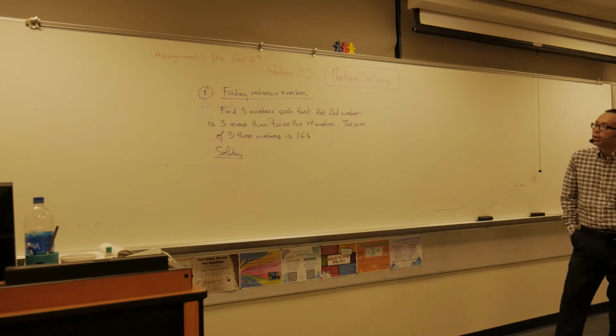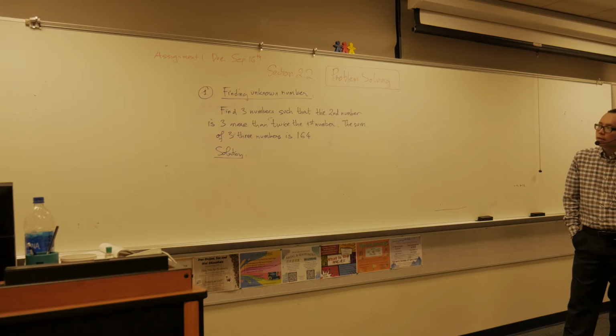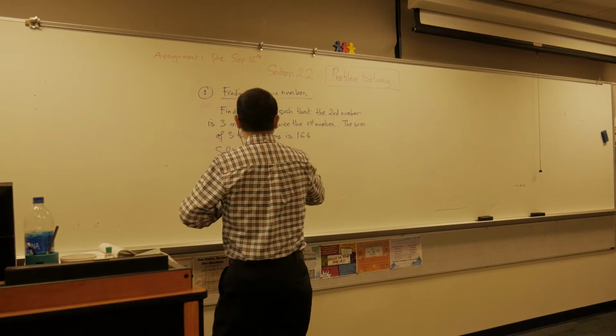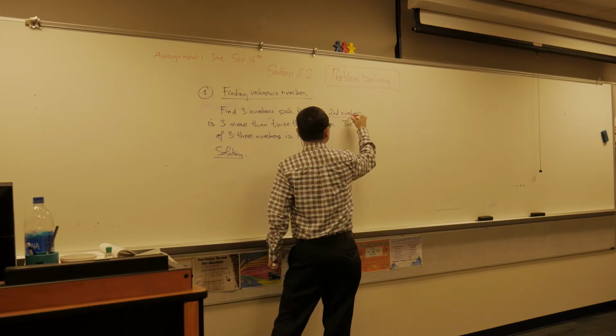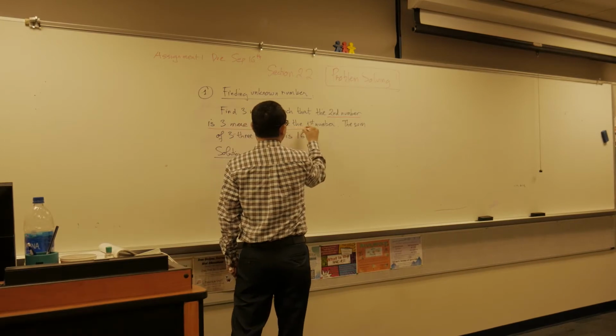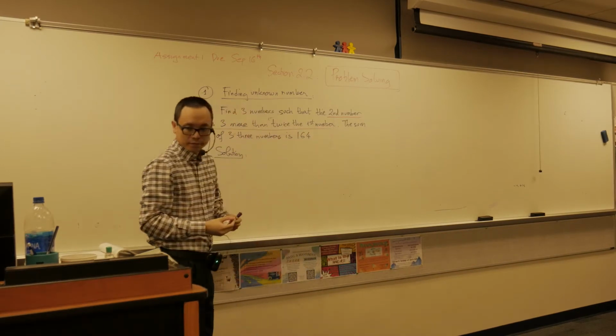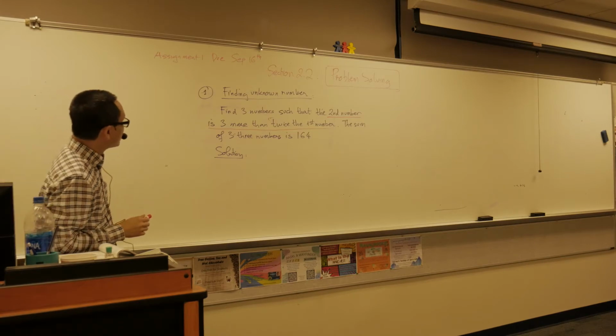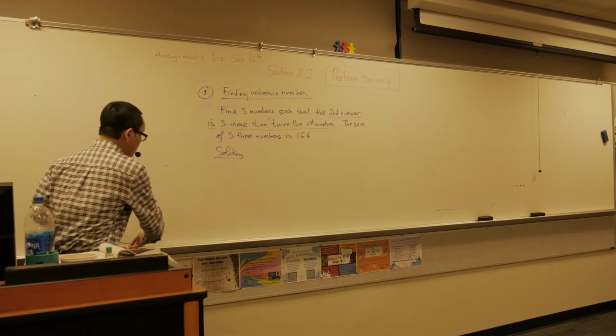Alright, so how? Find three numbers so that the second number, so that information is very important, so I'm going to underline it: the second number is 3 more than twice the first number. Oh, I think I missed another piece of information, I'm sorry.